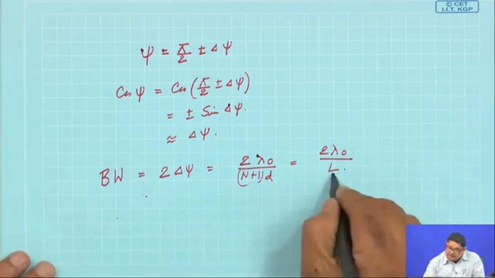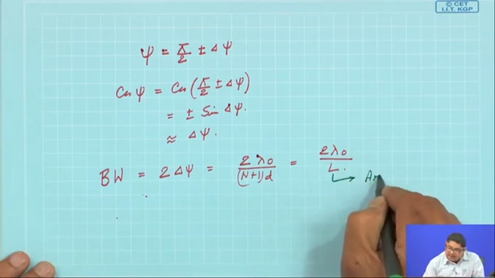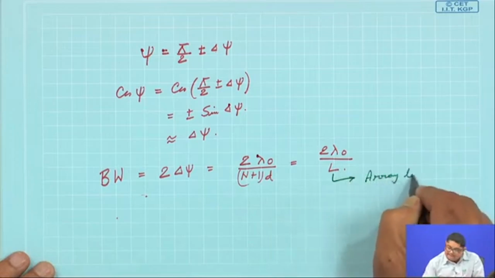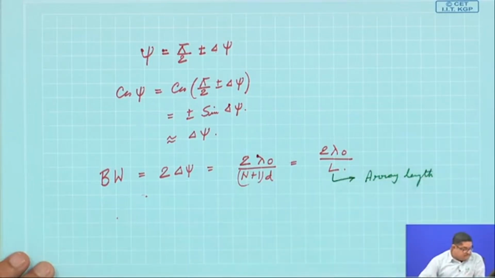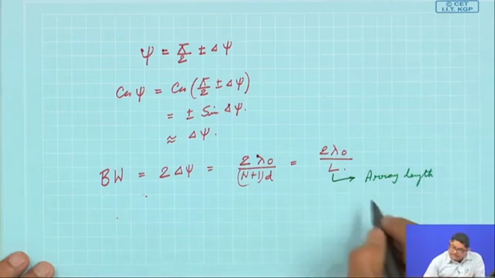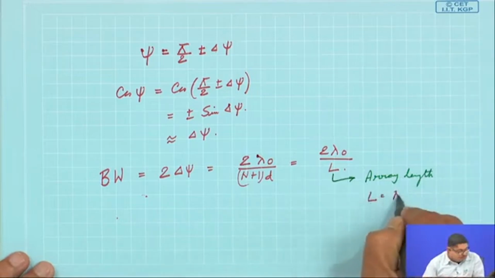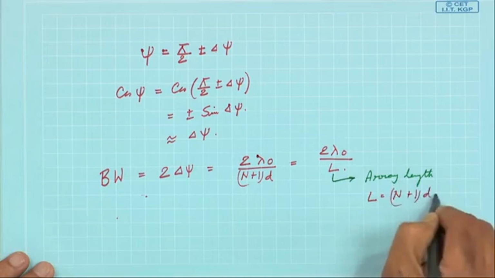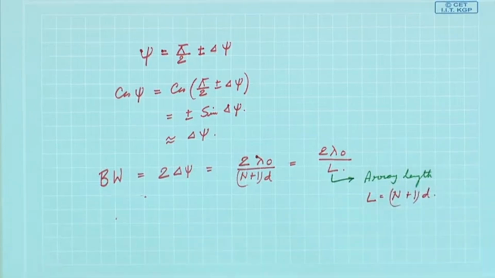L is the array length, L is equal to n plus 1 into d. So, this is a general property of a broadside array, that the beam width is inversely proportional to the array length in wavelengths, or the array's electrical length.